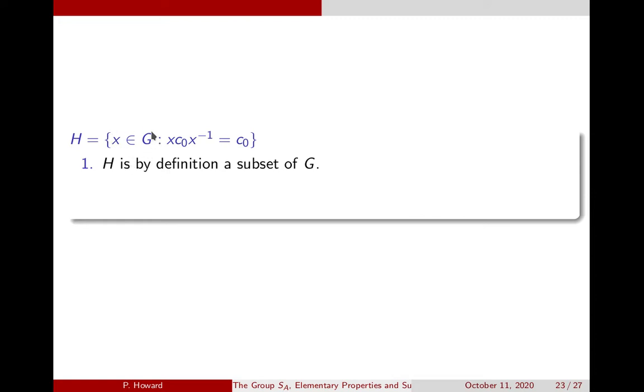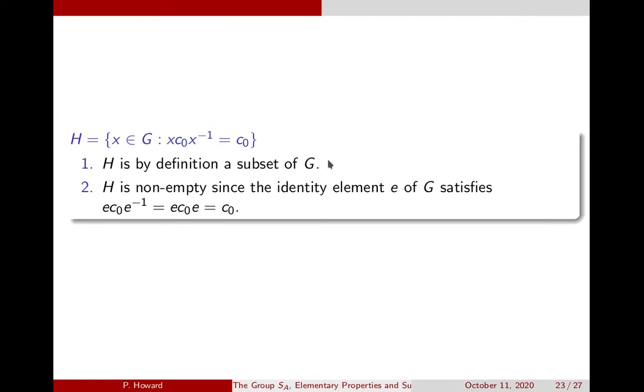This clause of the definition, H is a set of x's in G such that something happens, means that H is a subset of G. H is non-empty because the identity element of G satisfies the equation E times C0 times E inverse is E times C0 times E, because the inverse of E is E. And then using the properties of the identity, that's C sub 0.